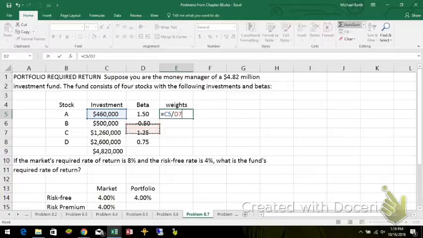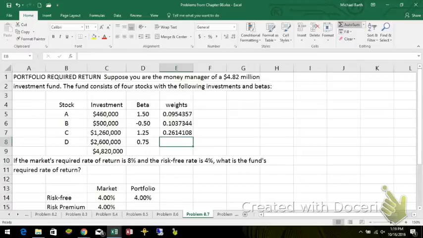460 out of 4820, that's the weight for the first one. 500 divided by 4820 is the weight for the B. The weight for C is 1260 divided by 4820, and the weight for stock D would be 2.6 million divided by 4,820,000. So now I've got weights.